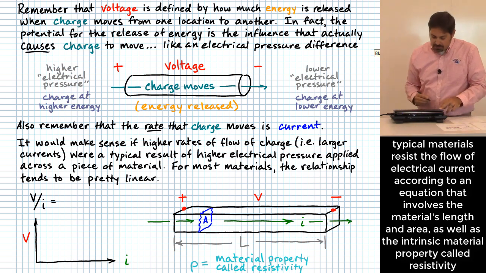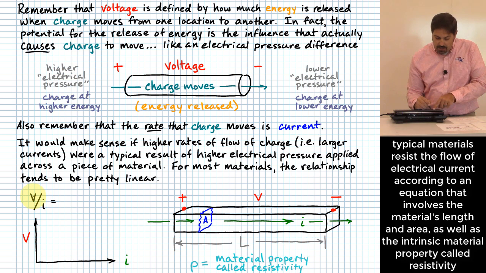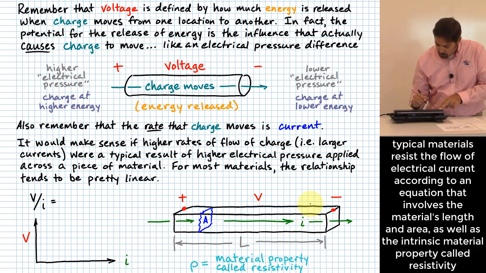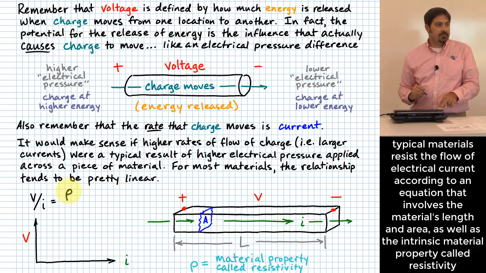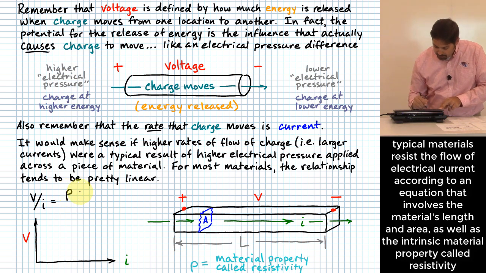So all these things I think are relatively intuitive, and even the equation that I'm about to write up here is relatively intuitive. This ratio of voltage to current, V over I, is related to these physical parameters for a conductor according to the resistivity, rho, that's the letter we give to that, multiplied by the length divided by the cross-sectional area.